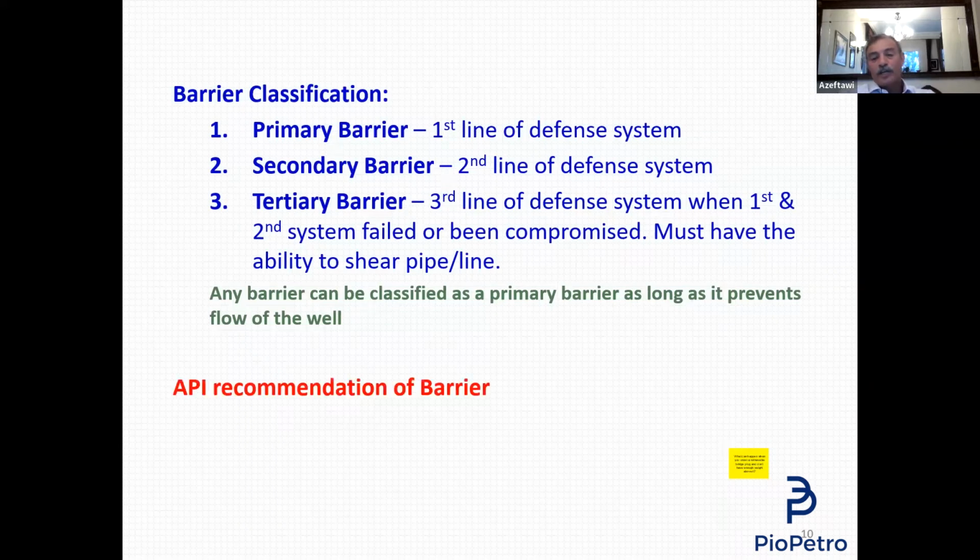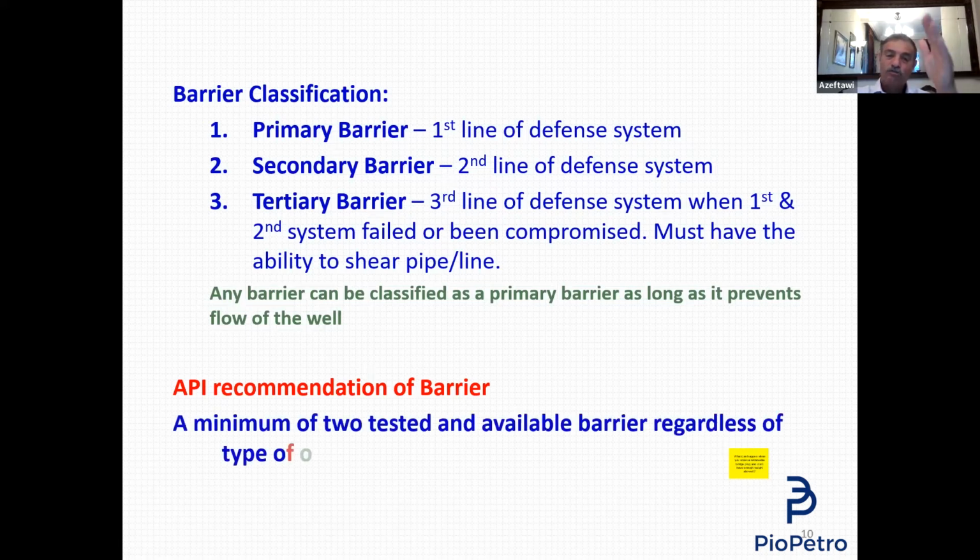What's the API recommendation for barriers? The API said that for any particular job you do, whatever it is, drilling, workover, wireline, coiled tubing, snubbing service, whatever it is, a minimum of 2 tested and available barriers.